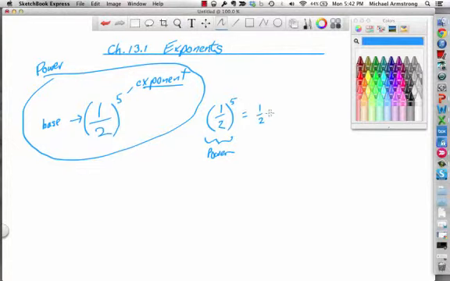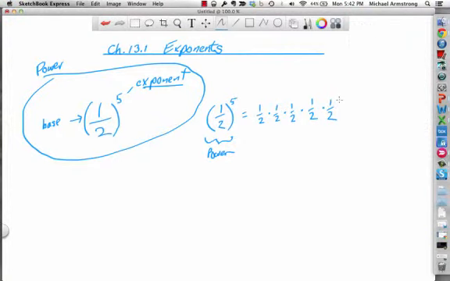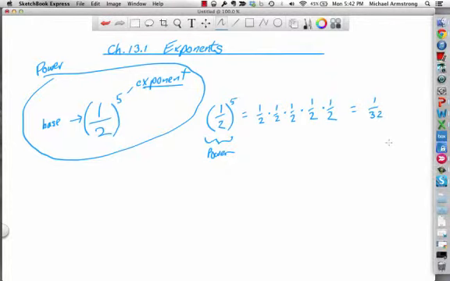So 1/2 times 1/2 times 1/2 times 1/2, one more, times 1/2. That's 5 times. So 1/2 times itself 5 times would equal 1 over, 2 times 2 is 4, times 2 is 8, 16, 32. 1/32nd. Okay, so that's how that's going to work. We're just going to use it like that. It's a fact.